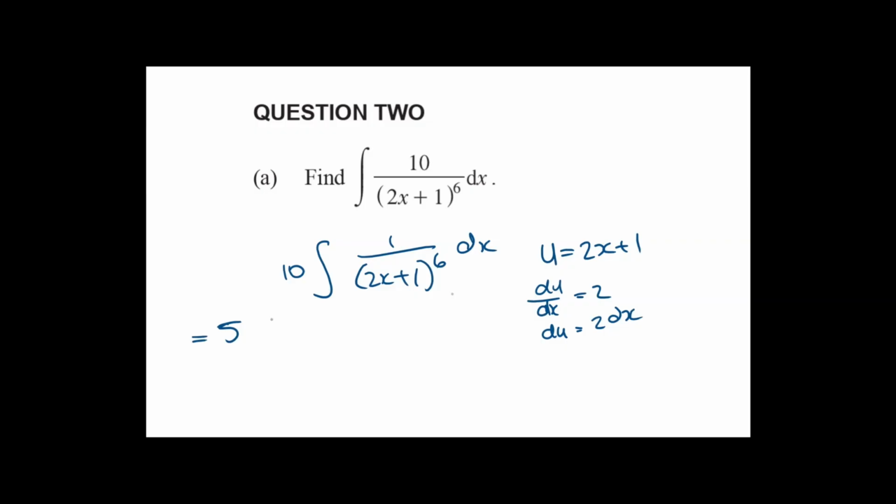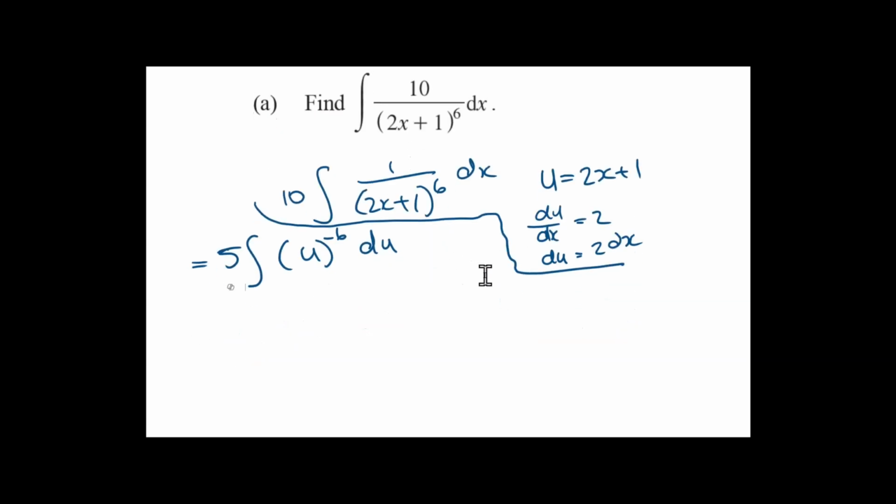So we'll write this as 5, and I'm going to write u to the minus 6. Change variables, and get rid of the integral signs. We have 5 times u to the minus 5 divided by minus 5, plus c.